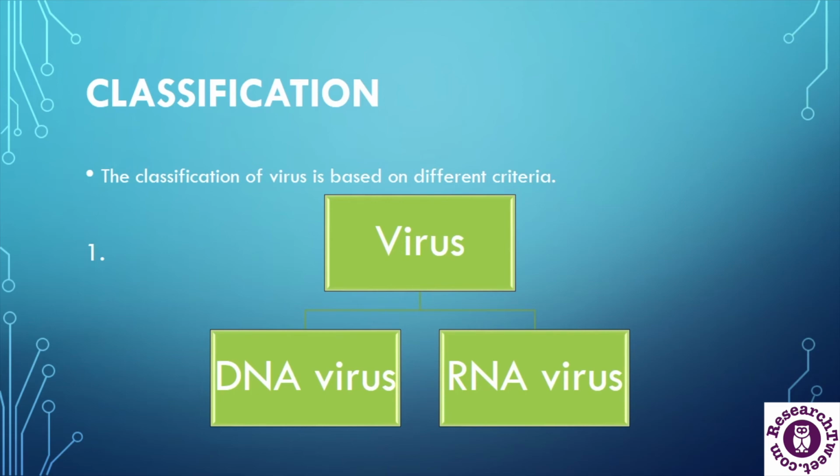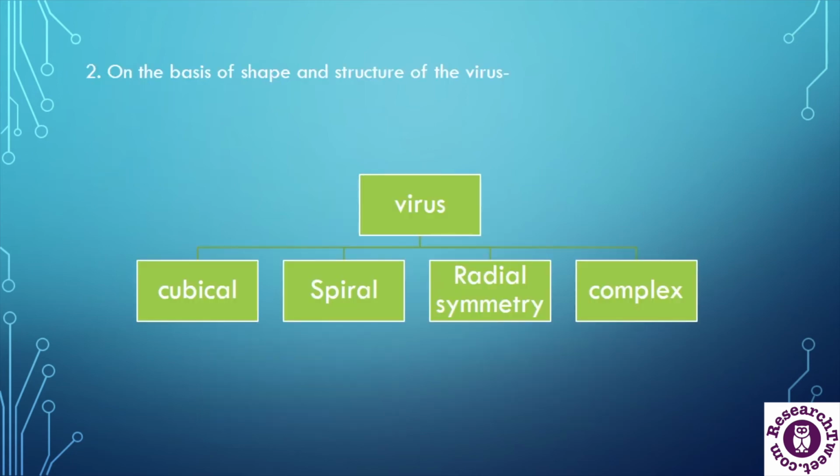similarly double-stranded RNA viruses and single-stranded RNA viruses. Another method for classification of viruses is the shape and structure of the virus. On the basis of shape and structure, viruses can be categorized into cubical, spiral, radial symmetry and complex viruses. The cubical viruses are also known as icosahedral symmetry viruses, which include reovirus, picornavirus and many more.